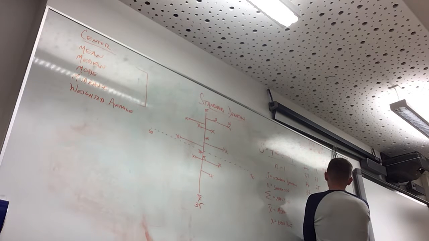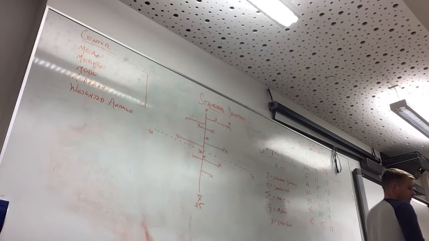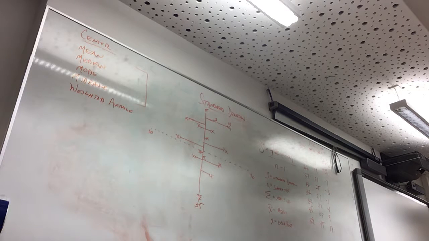One after that is negative 1. Then 4, 9, and what is that? 17? Yeah, 17, sorry. Okay, so that's column 2.